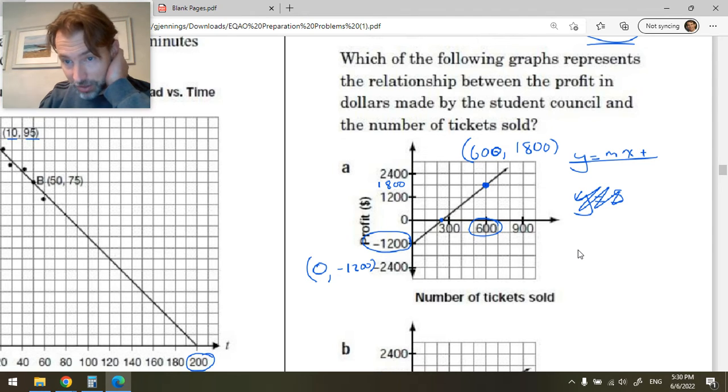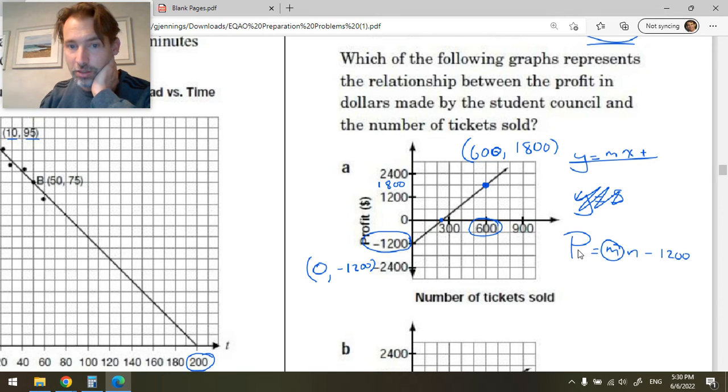So profit. Let's use profit as P. So P is profit, N is the number of tickets sold. Profit is going to be equal to some value, M, times the number of tickets sold, minus $1,200. So this one looks good here.